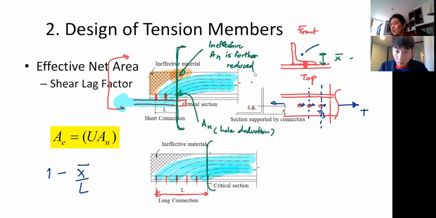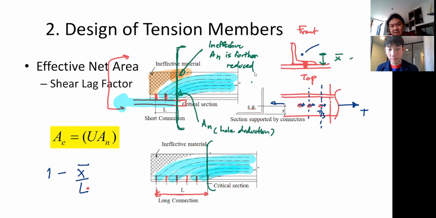What you can play with now would be the length of the connection. If the length here is small, a short connection, just like this picture, this is the denominator, right? When you have the small denominator, this component becomes large, correct?